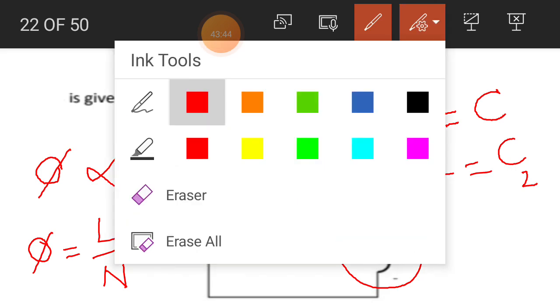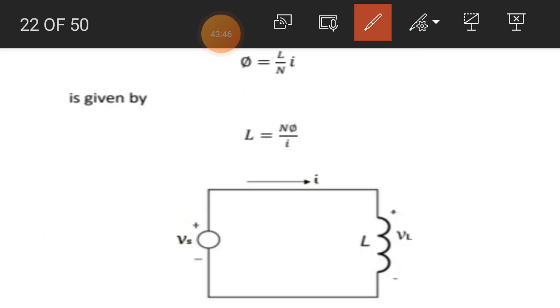So the magnetic flux, which is generated by the current in this inductor, will be equal to L by N I. And we can find out the equation for the inductance from this equation.